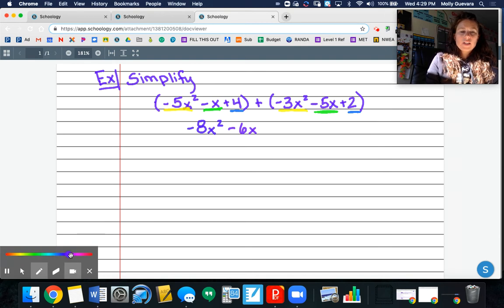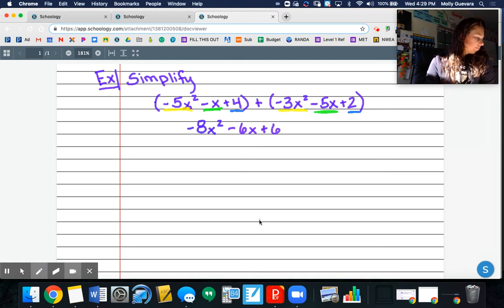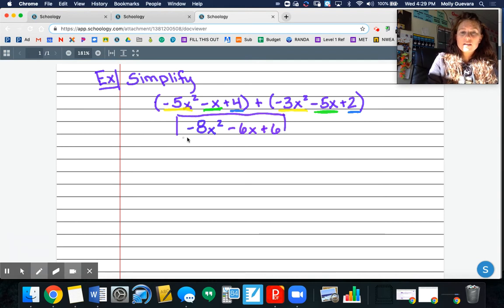So the question is, 4 plus 2 is 6. So plus 6. And that's it. I can't go any further than that. That's as far as I can simplify. That's all I can do.